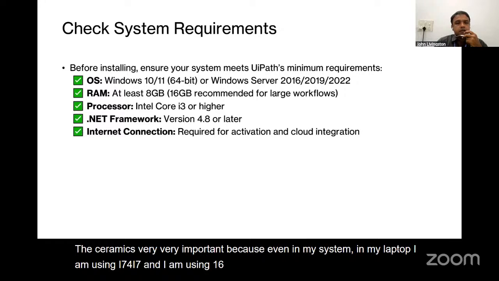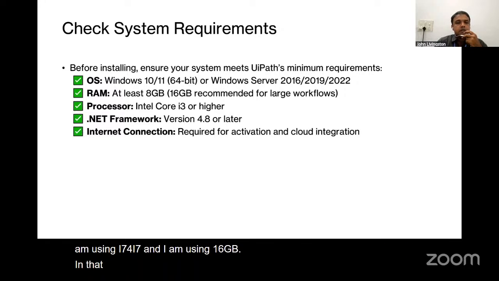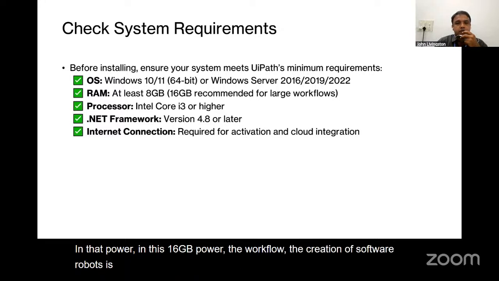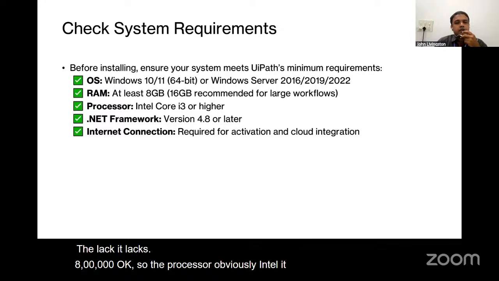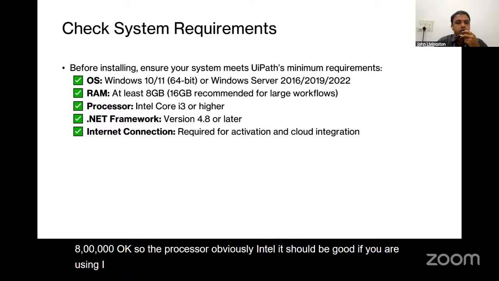With this 16 GB, the creation of software robots is somewhat tough. It lacks. Okay. So the processor, obviously Intel, should be good if we are using i7 or more, right?